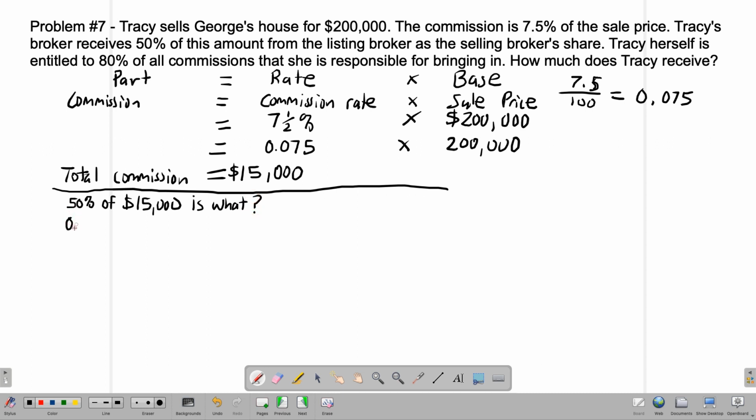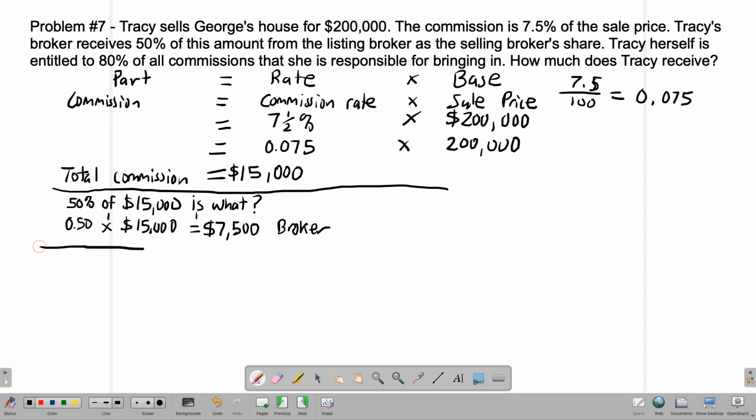The 50% represents 0.50, the of represents multiplication, and then we have the value 15,000. Here we're just rewording the equation. The is an equal sign, and then whatever we're trying to find. So we're trying to find out what the half is that the broker receives. So 15,000 times 0.50 equals a value of 7,500. That answers the second part of it. Tracy's broker receives 7,500, so this goes to the broker.